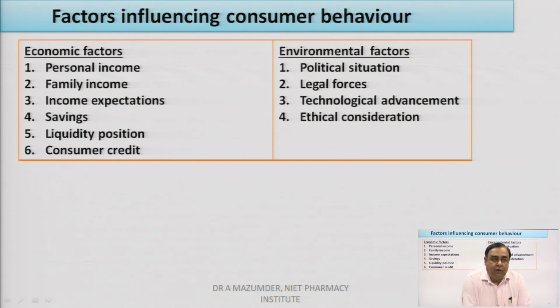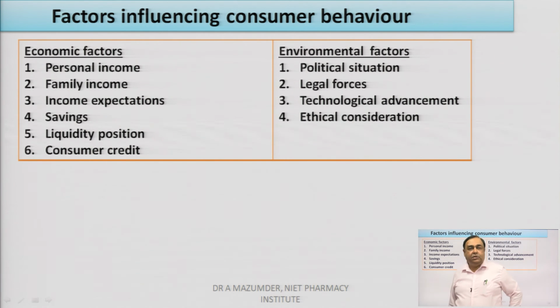As far as the fifth factor, the economic factor, is concerned, whenever you are purchasing any item, you are paying a price, and that depends on your surplus income or your savings: the personal income, the family income, your expected income in the near future, because that will tell you whether you are in a position to pay an EMI for a product. You will find that a large number of costly items are purchased on the basis of EMI, equated monthly installments.